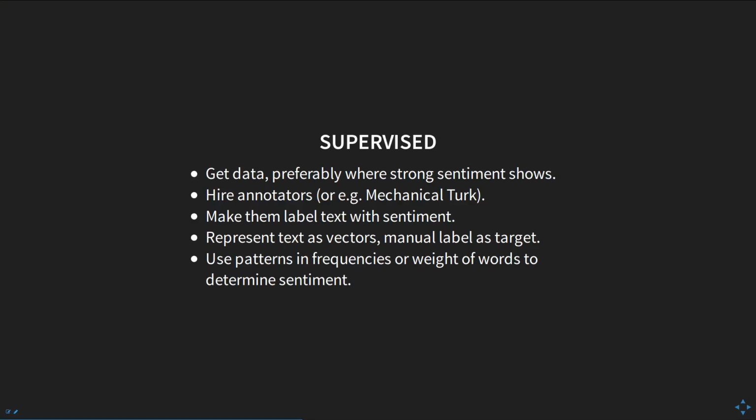Now, the way we would normally go about doing this task is that we collect some data, and as I said, preferably where there's very strong sentiment, because when we're training to solve this task, we want there to be strong indications of either positive, negative, or neutral sentiment. Then we hire annotators, so these will be people that go and look into our data and do manual labeling of these instances, so that we have a prediction target, a strong signal of the opinion or sentiment within that text.